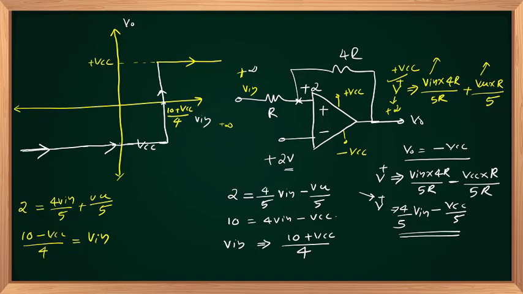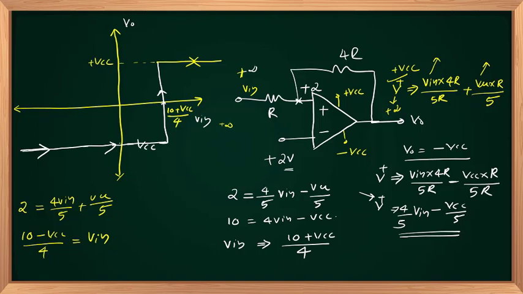So if I am decreasing my input, then your V in value becomes 10 minus VCC by 4. This 10 minus VCC by 4 need not be negative always, but we should take care.